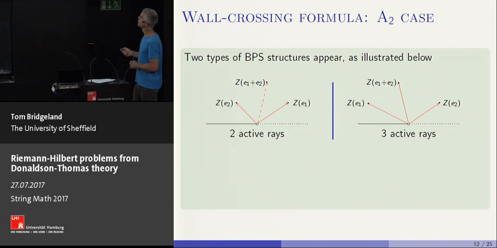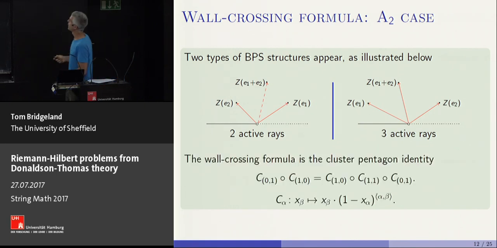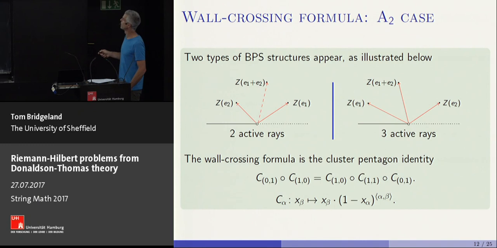Okay, and so this is the situation. And then the wall crossing formula is the cluster pentagon identity, which is this: we're just considering birational maps of this type, like we had on the board here. And the product of these two is equal to the product of these three. Okay, so that's the wall crossing formula.